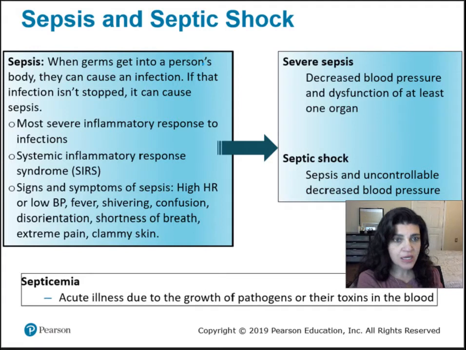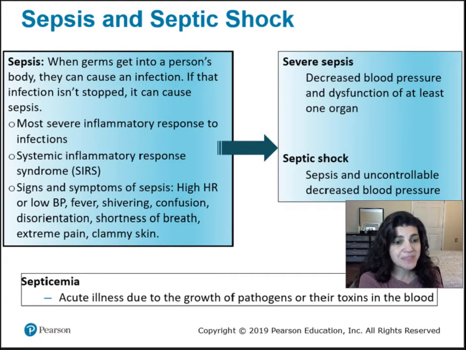You don't have enough blood pressure and flow to bring oxygen and nutrients to the tissues, and that's when you start seeing these organs fail. Okay, and then when severe sepsis is uncontrollable and it causes an even more severe drop in the blood pressure, then you call it septic shock.